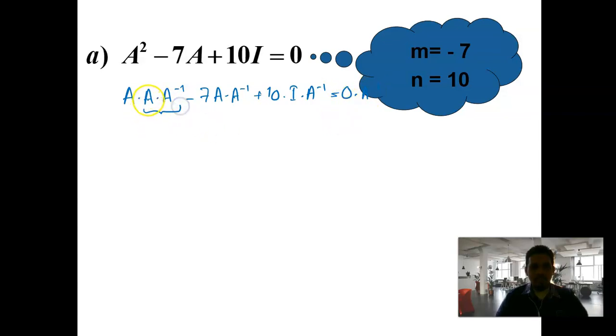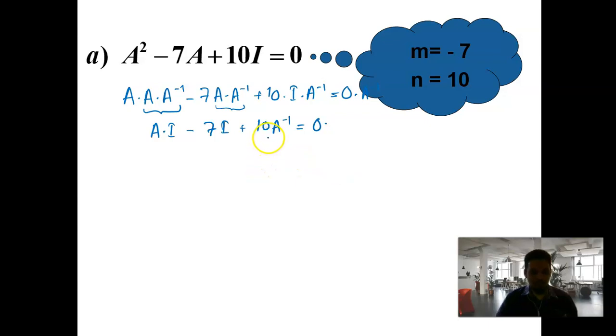Now A multiplied with A inverse, then we get A multiplied with identity, minus 7 with identity, and identity multiplied with A inverse, plus 10A inverse equals 0.